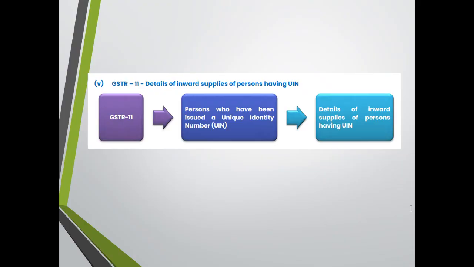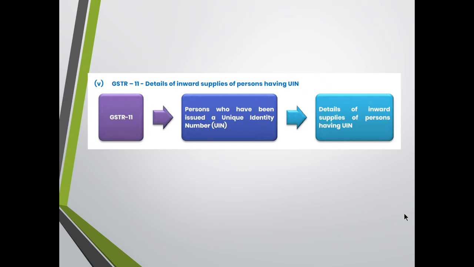We have discussed 8, 10, CMP 08, GSTR 10, 11. All those forms we have discussed. So everybody kindly give me your chart for all these returns till date that we have discussed in the last session as well as this session.